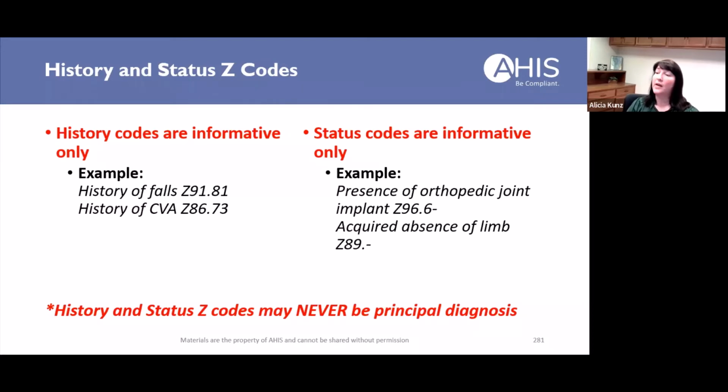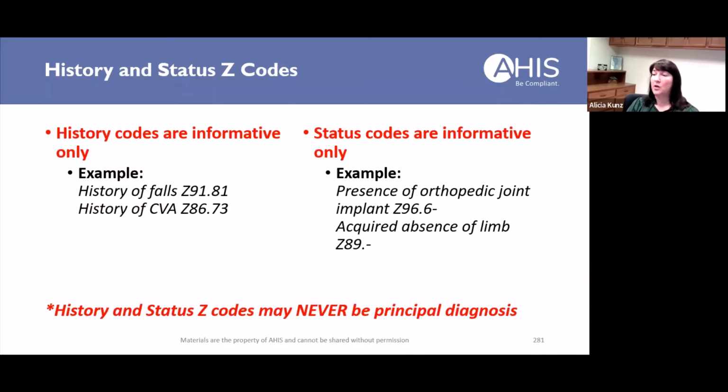So for example, we have an example here, Z96.6 codes that start with Z96.6 are presence of an orthopedic joint implant. So if you have somebody who had a right hip replacement, your principal diagnoses would be Z47.1, aftercare following surgery for joint replacement. But we have a lot of different joints in the body.